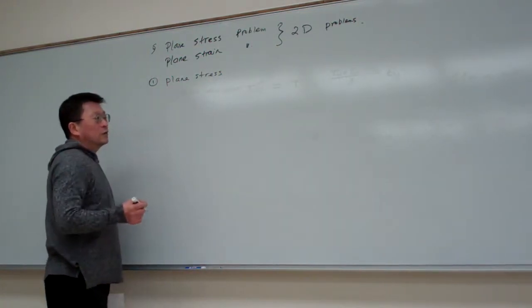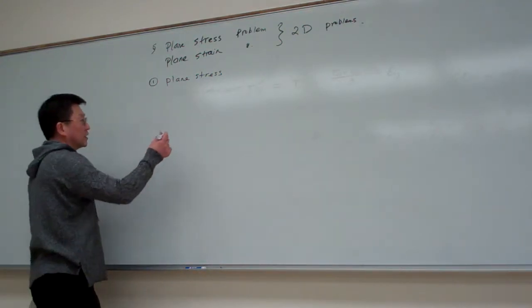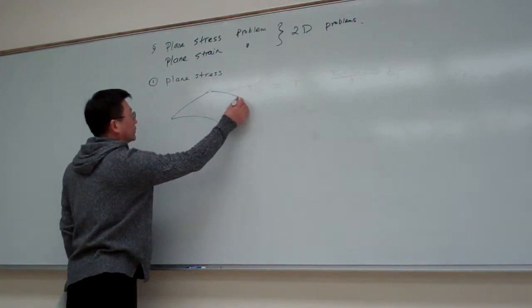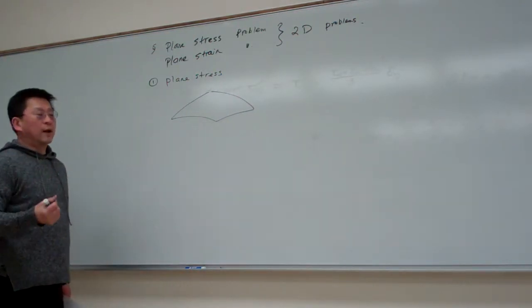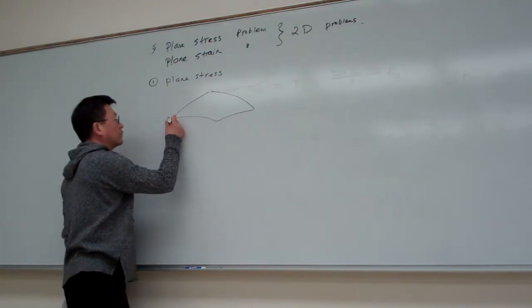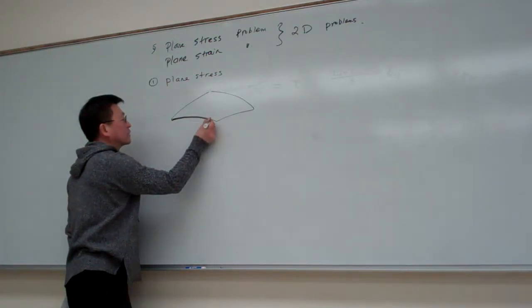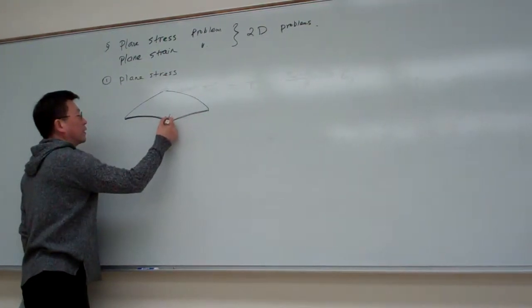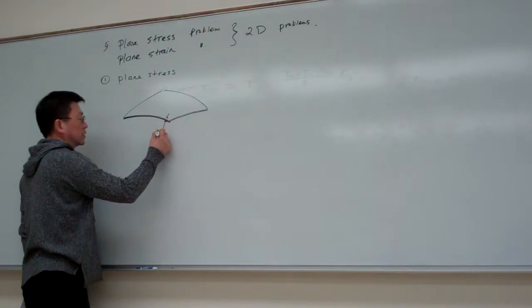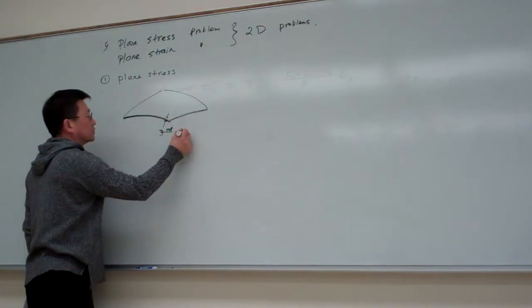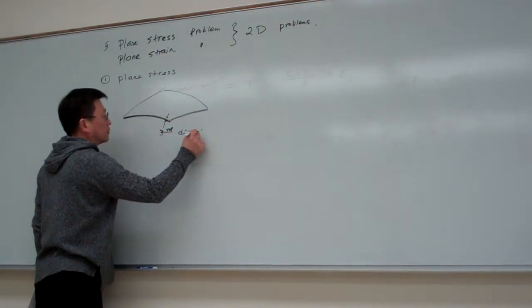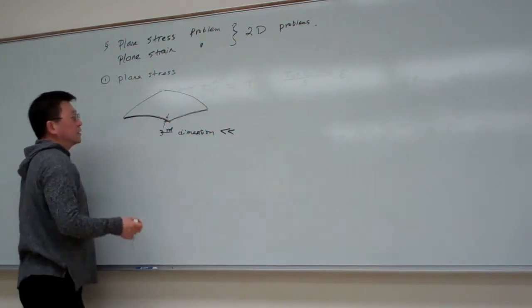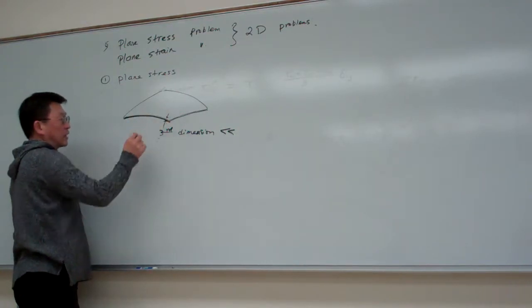The practical application of the plane stress is, say, if you have any material or any problem that basically has a third dimension. Here you see, I draw it in this way. The third dimension is much less compared to the other two dimensions.